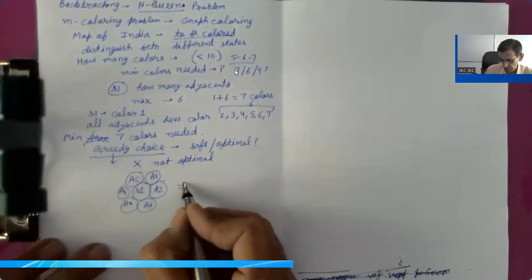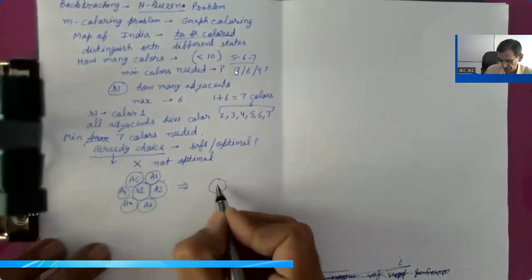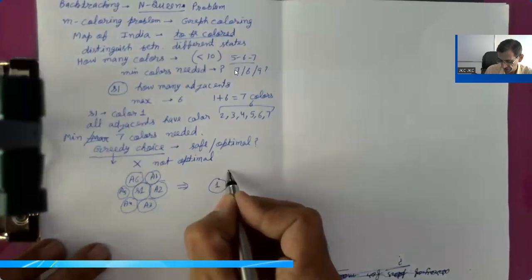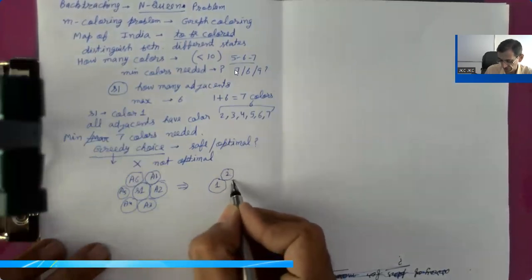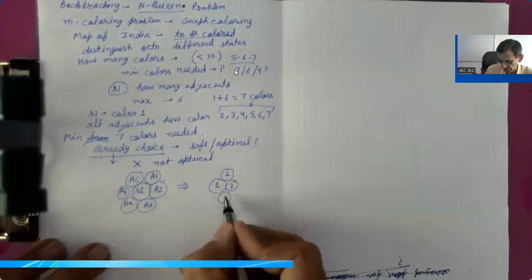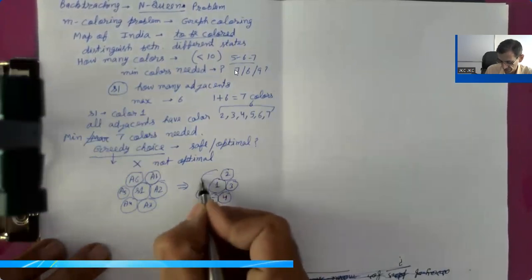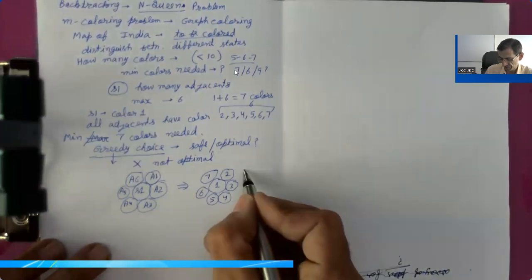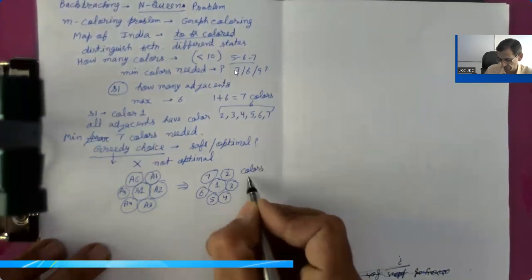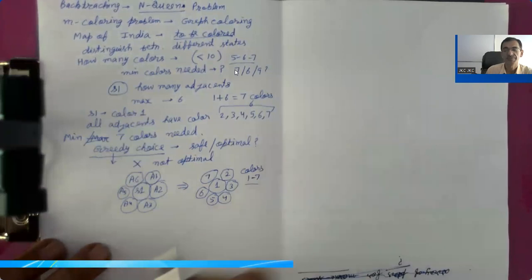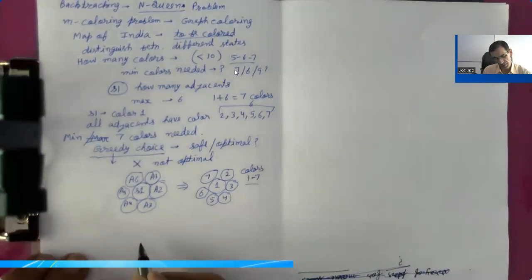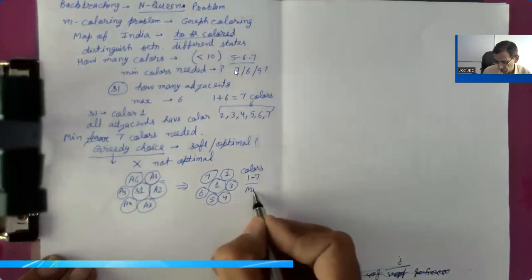What you thought was that if this state is given color 1, I will give this color 2, this color 3, color 4, color 5, color 6, color 7. So the colors you chose were 1 to 7. It appears perfectly fine and will definitely work, but this is not minimum.